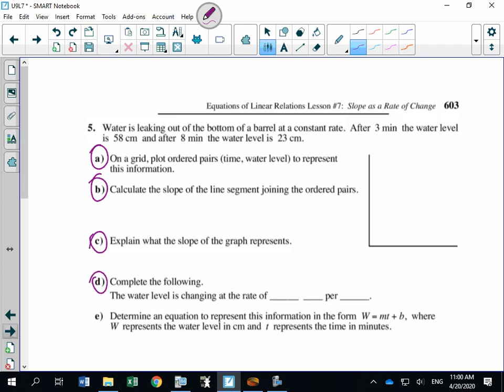And just to help set you up with this one, they want water level to go on your y-axis. So the water level in centimeters, because time we always put on our x-axis. And in this scenario, time is going to be in minutes.